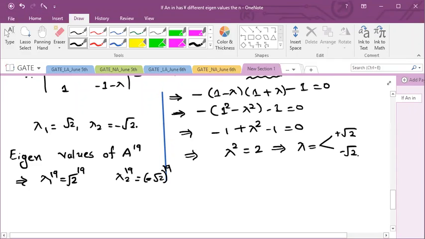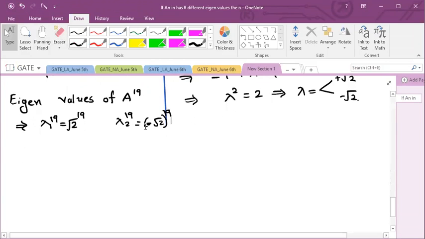Now see over here, this 19 can be applicable to both of them. Now your answer depends on your options, right? What answers are given to you in the MCQ? So this will be 2 to the power 19 by 2, right? And here 19 will be applicable to both the minus as well as this, because this is minus 1 into root 2.